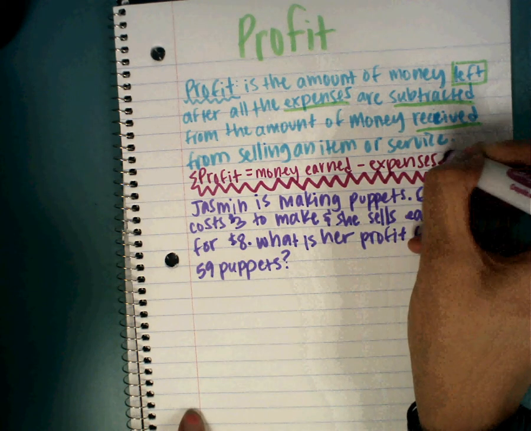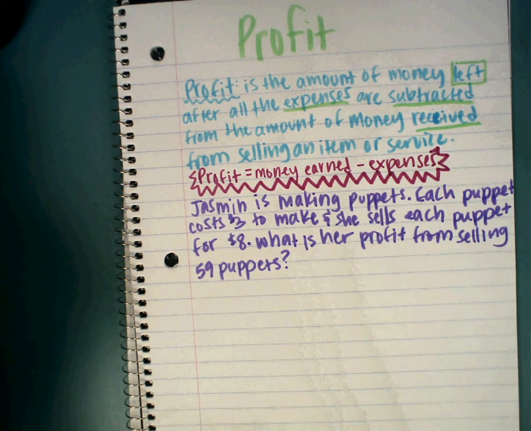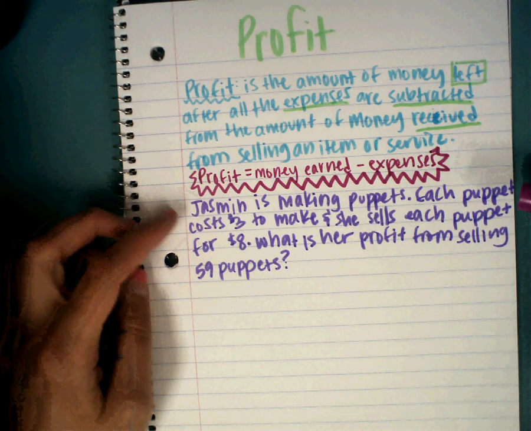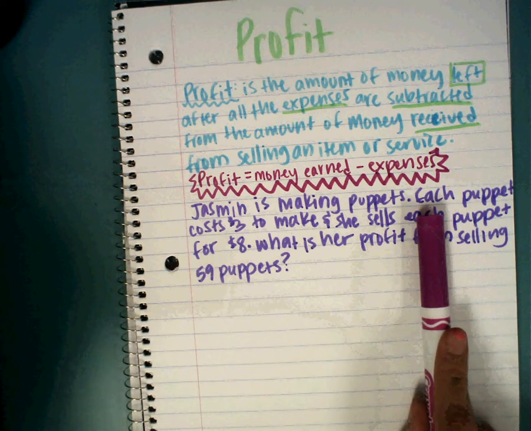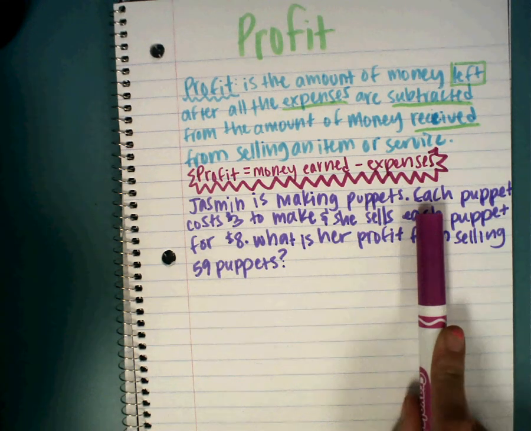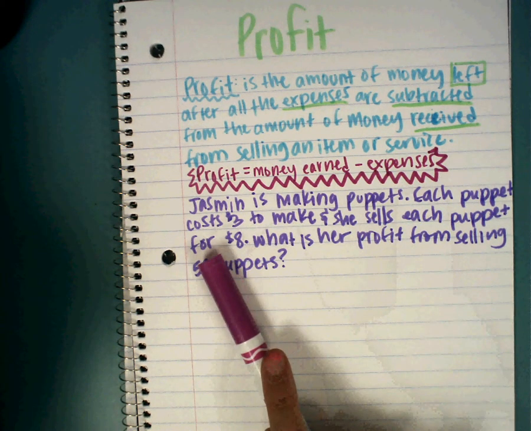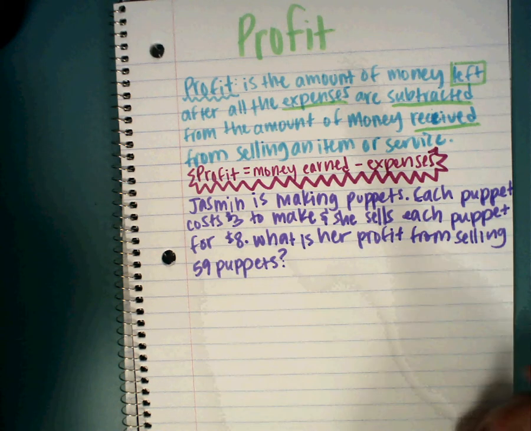So we've got Jasmine. She's making puppets, right? Each puppet, what do you see right here? Each puppet costs $3 to make. Okay, let's just stop right there. How many puppets did she sell? 59. So first we need to figure out her expenses.